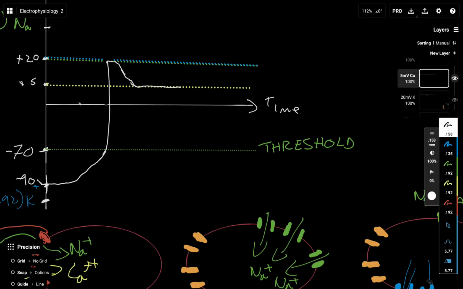This is going to turn out to be very important because this is what we call the refractory period of my cell. During this plateau, my cell cannot trigger another action potential.